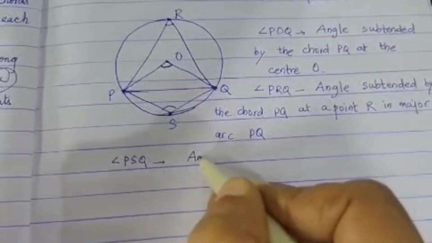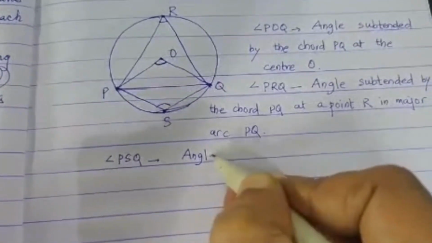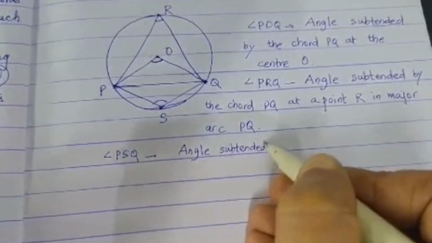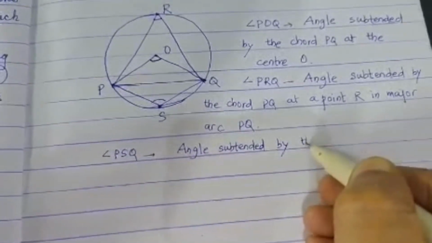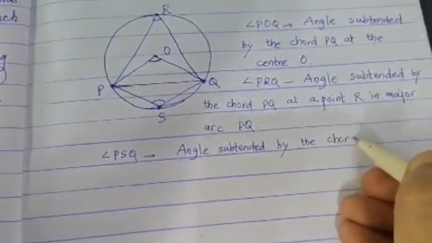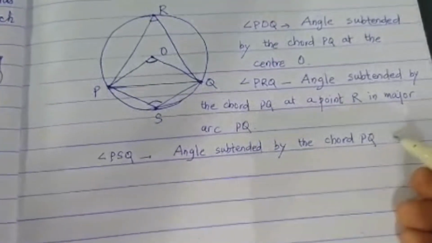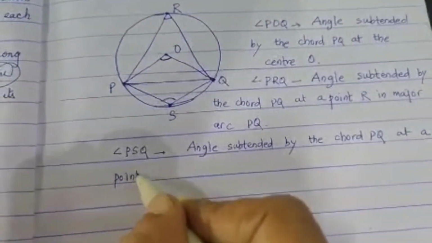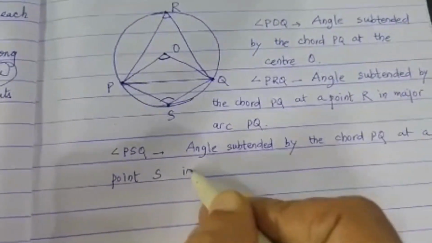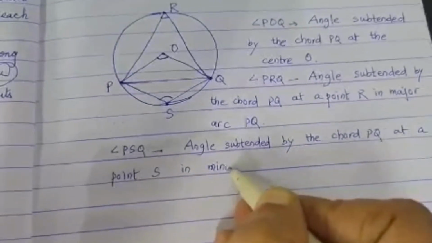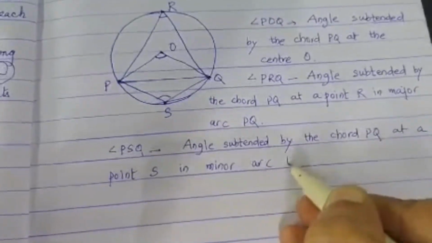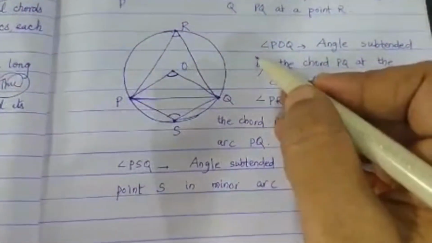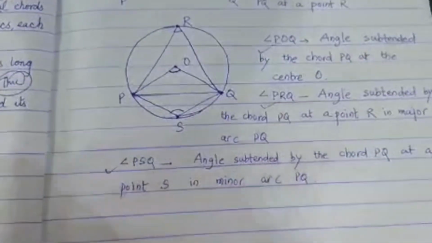This is the angle subtended by the chord PQ at a point S in minor arc PQ. So these are the three angles, 1, 2 and 3.